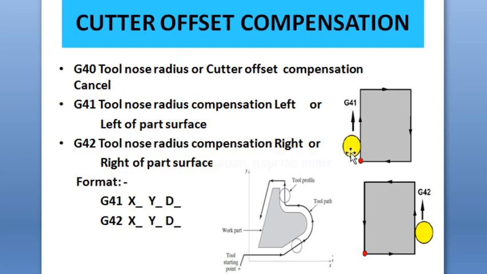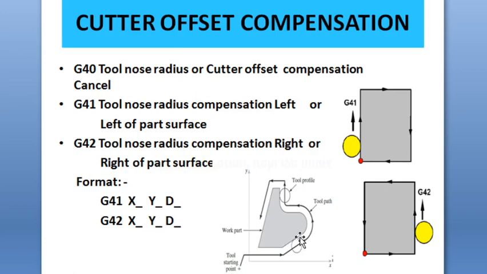If the cutter is moved left of the arc surface, it means G41. Suppose the cutter is moved right of the arc surface, we provide the code G42. The format is G41, then the destination of the work movement X, Y, D. Here D is not the diameter of the cutter, it is the register number.